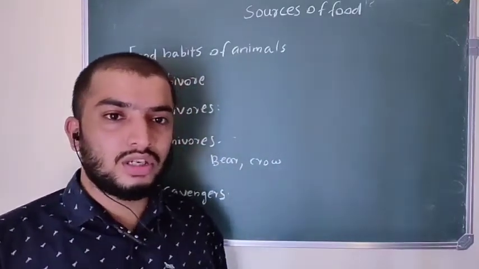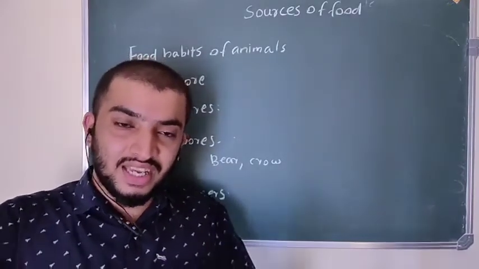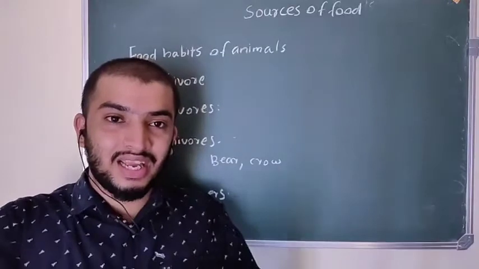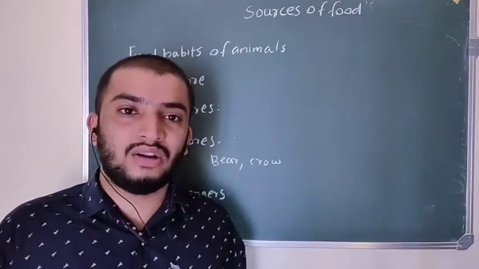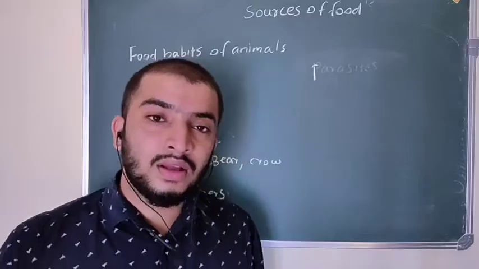Vulture and hyena are scavengers. They eat dead bodies and clean that area. Some carnivores and omnivores consume dead bodies of animals and help to keep the surroundings clean. Example: crow, jackals, hyenas, and vultures.